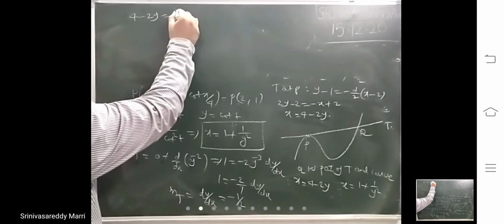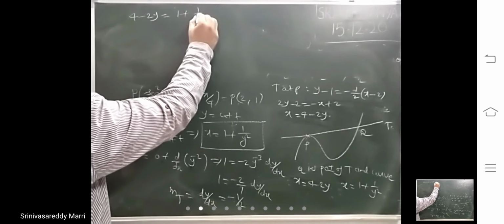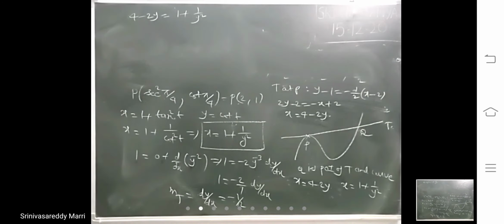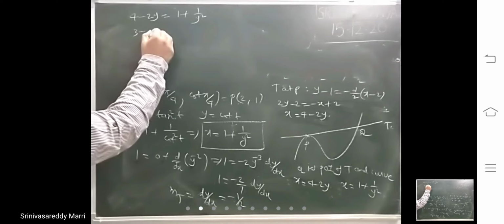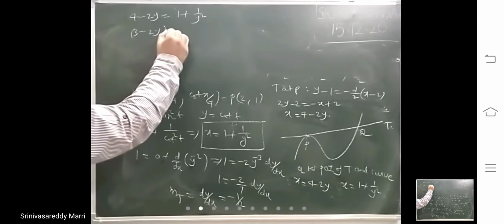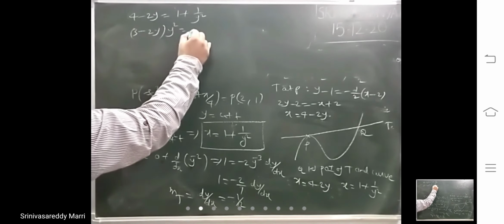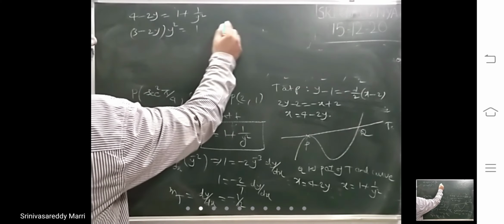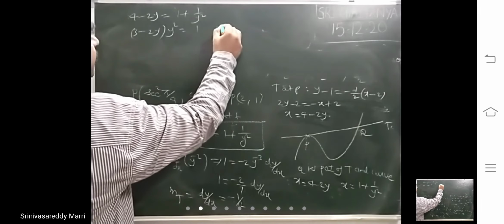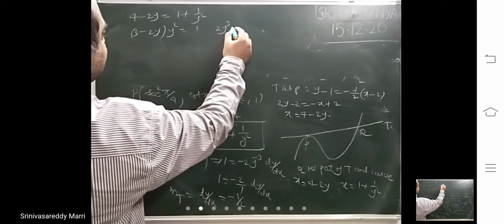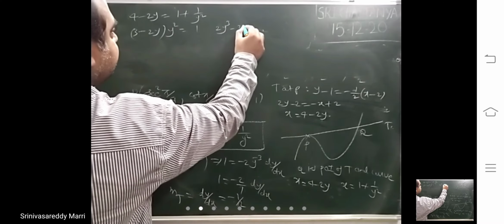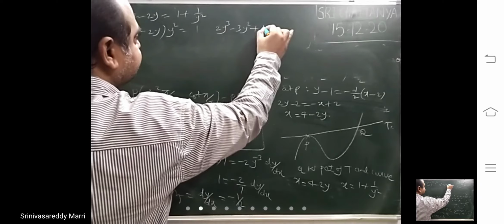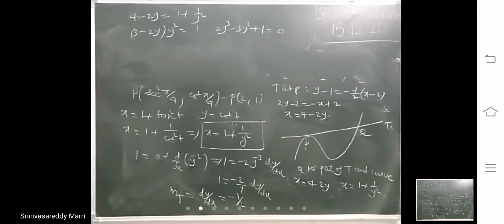4 minus 2y equal to 1 plus 1 by y square. So (3 minus 2y) into y square equal to 1. That means you will get, bringing this side, 2y cube minus 3y square plus 1 equal to 0.